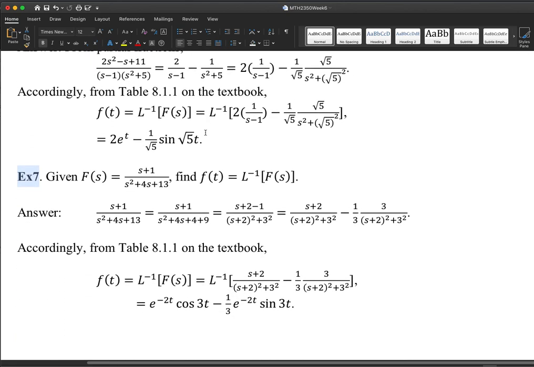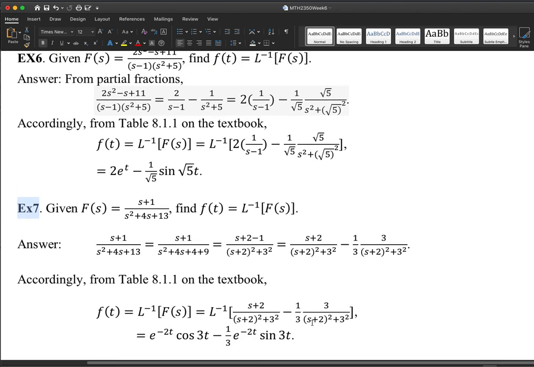I get the inverse transform as e to the -2t, s plus 2, and that will match cosine 3t. And also for the second part, one-third, because the inverse is linear, one-third. S is being translated into s plus 2, or s minus -2. So the exponential term is the same, e to the -2t. But the numerator is 3, matching the other perfect square, 3 squared in the denominator. So that's sine 3t.